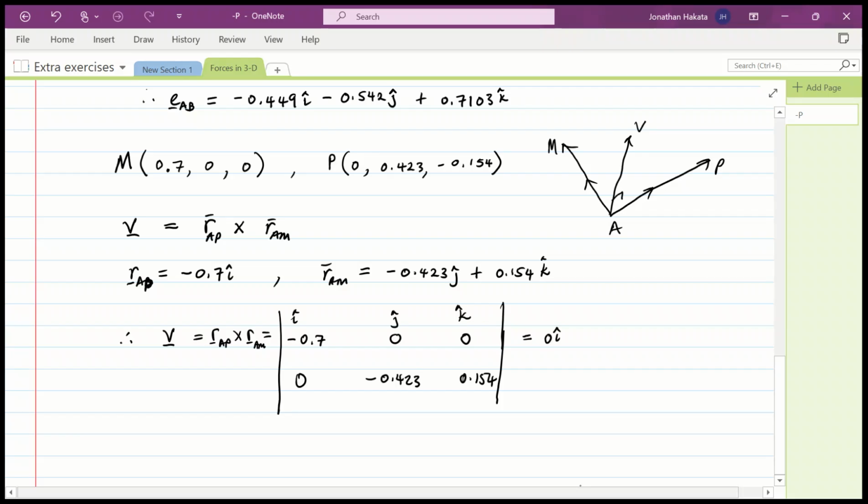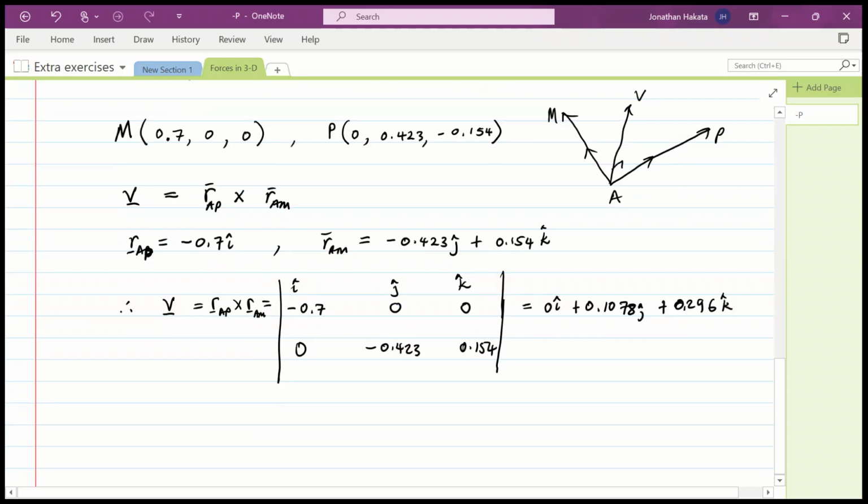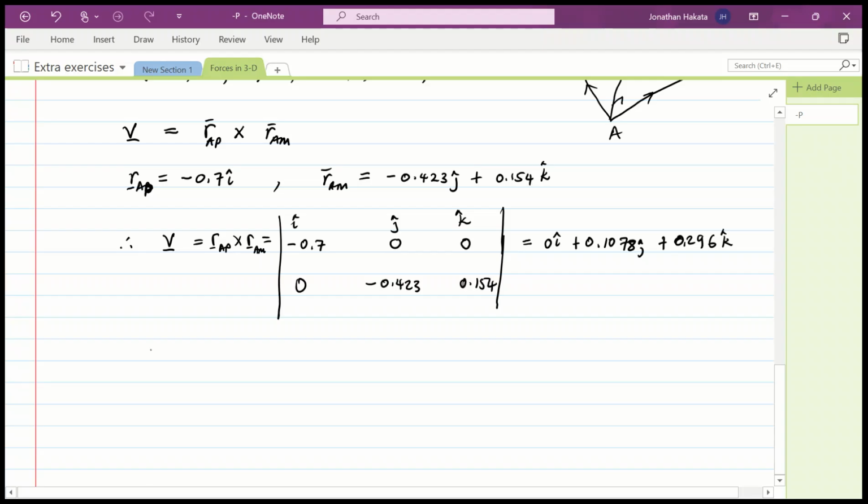So it will be a positive, right? Positive 0.1078 J. And lastly for K, you get 0.296. Okay, so this is vector V.